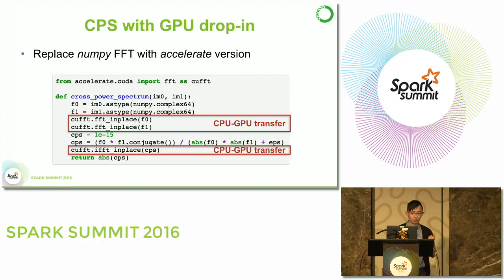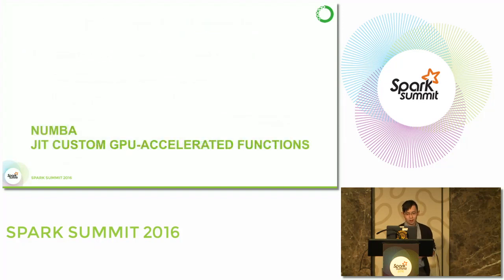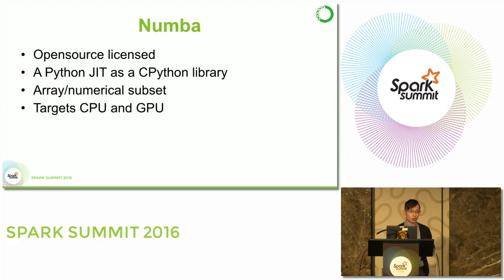We can do better if we make the computation in between these 2 GPU segments also work on the GPU. And we can do that with Numba, which you can use to write custom GPU-accelerated functions. Numba is open source and free. It's a Python JIT that doesn't replace the interpreter. It is a CPython library, so unlike PyPy, you can just import Numba from within any CPython.